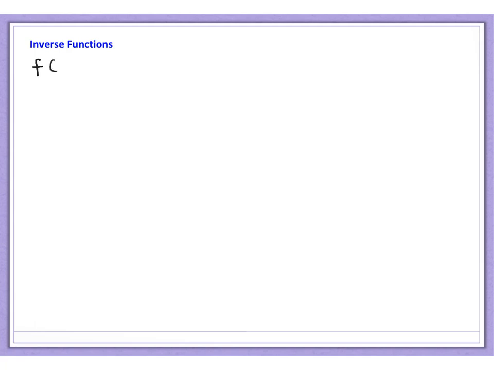We'll start with f of x equals 2x plus 1. Now you may previously have learnt how to find inverse functions by drawing a forwards and then a reverse flowchart. So we start with x and it is multiplied by 2. We then add 1, which are the components of the original function.